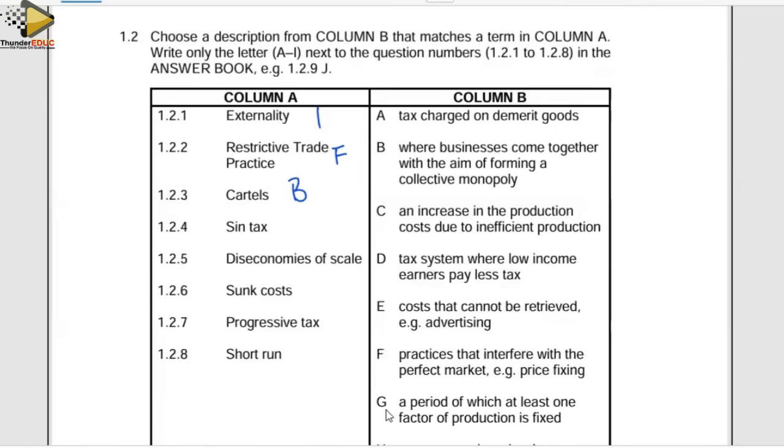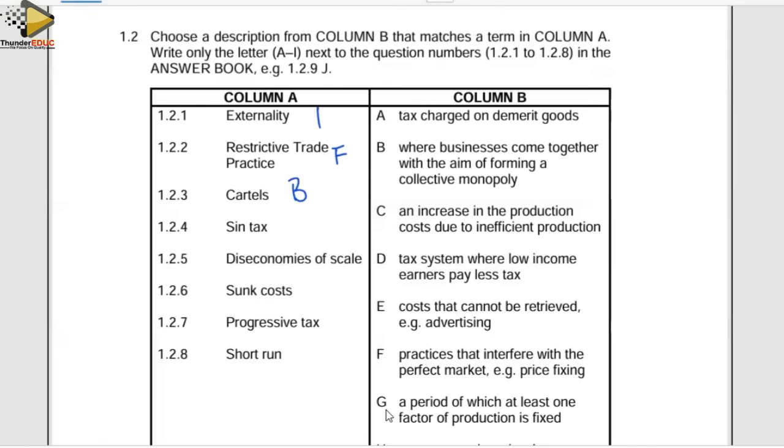Right. We have a sin tax. We understand sin taxes. Those are taxes that are imposed on harmful products, like tobacco and alcohol, which are not desirable in society. We call them demerit goods, goods which are not socially desirable.